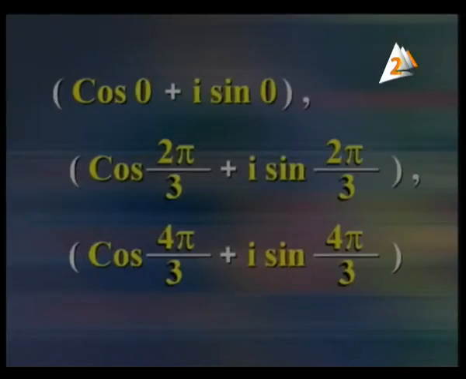Cubic root of 1 equals number 1, cosine 0 plus i sin 0. Cosine 2π over 3 plus i sin 2π over 3 when r equals 1. When r equals 2, the third cubic root is cosine 4π over 3 plus i sin 4π over 3.